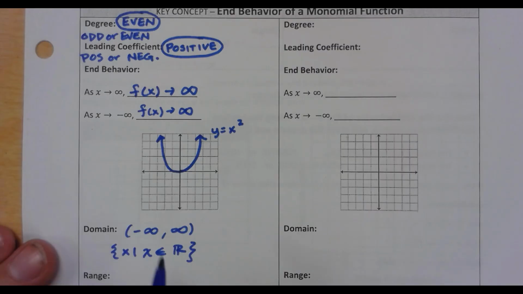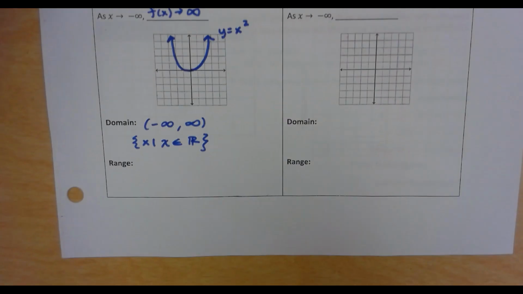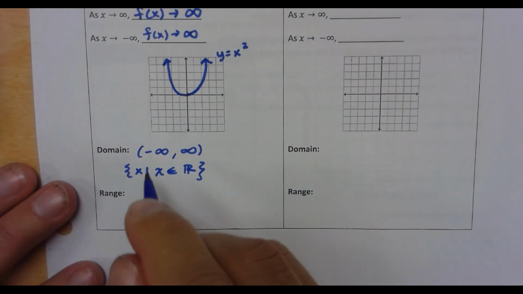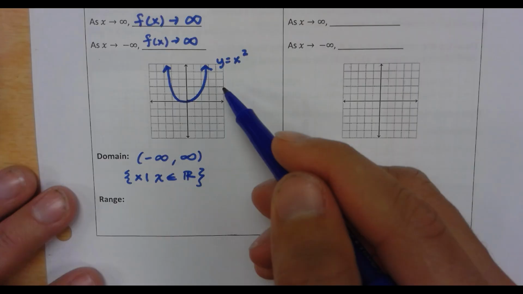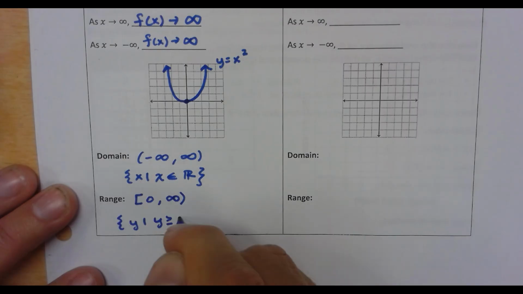Either way. Arrows go forever to the left, forever to the right. The range looks like my graph starts here at 0 and goes to infinity. Or another way I could write that, y such that y is greater than or equal to 0.